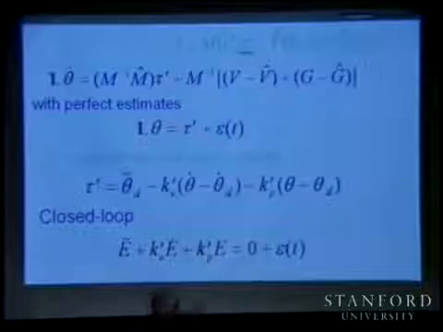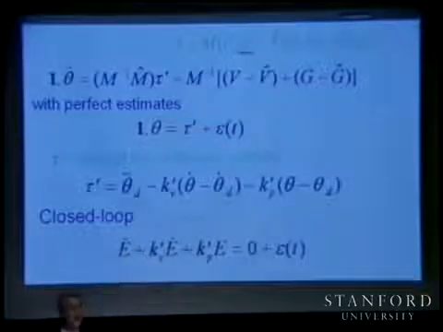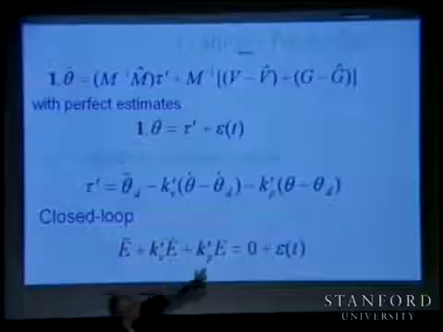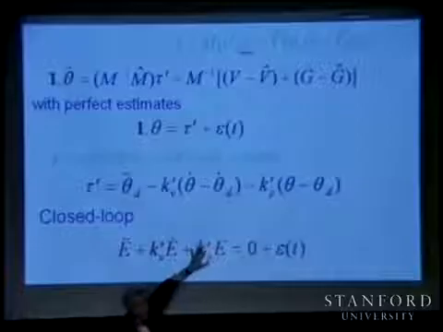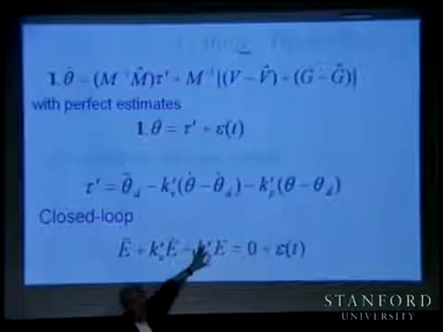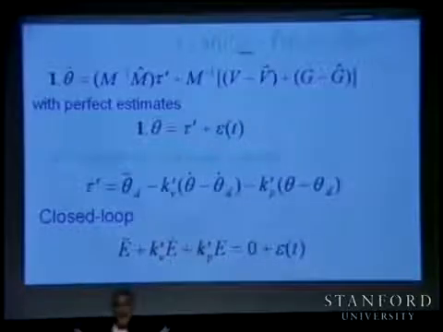So this controller, as long as your estimates are reasonable, is going to give you decoupling with some errors, and you still need relatively large gains, but much, much smaller gains than the ones needed without any dynamic compensation.